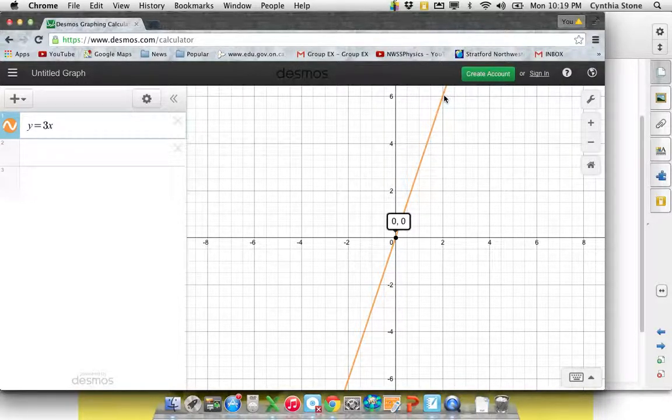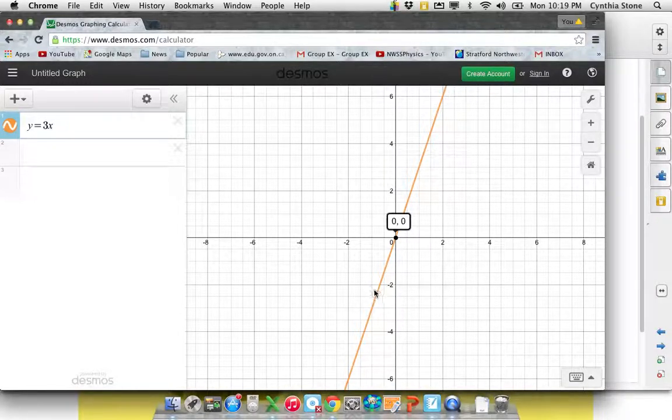Between those 2 points, the rise, how much it goes up, is 6, because it goes from 0 all the way up to 6. The run is how much it goes side to side, so my run is how much it goes this way, which is 2.